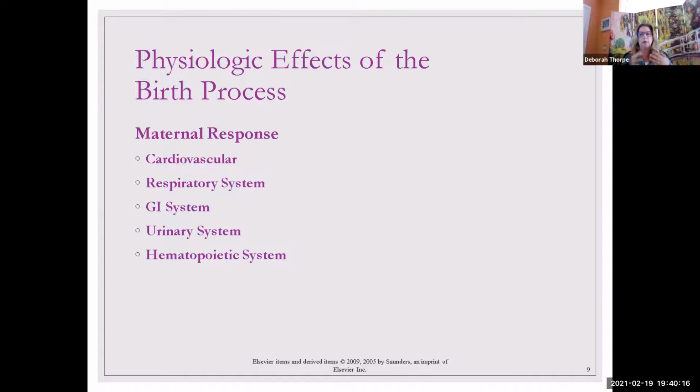You can see that although the increase in these clotting factors and the decrease in fibrinolysis protect from hemorrhage, the combination also means you worry about mom getting a venous thrombosis in the lower limbs. That's why we check for the Homan sign. I know Homan sign isn't really the technical term anymore, but you're checking their lower limbs to make sure they don't have a clot lodged in their calves or anything like that.